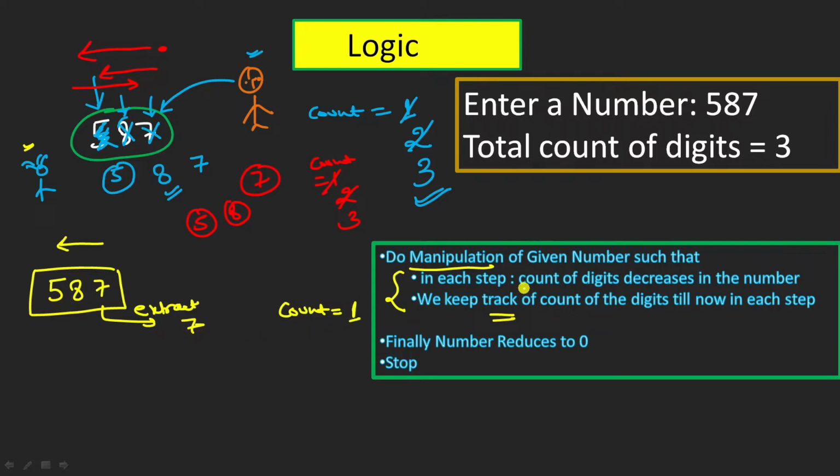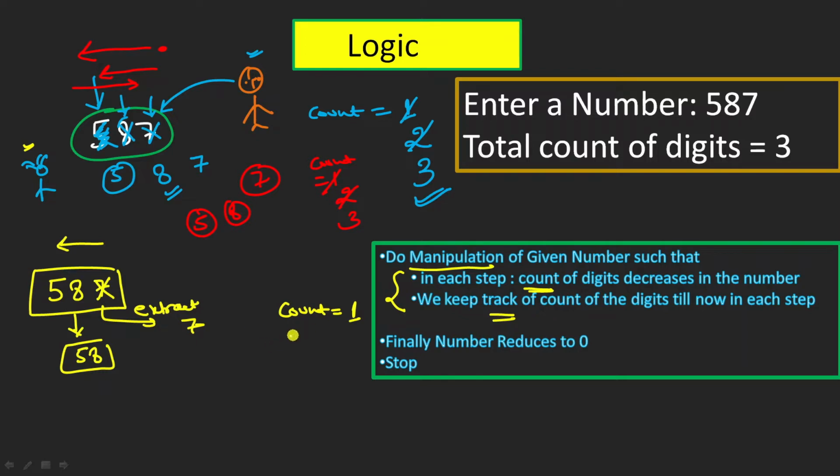And here you can see you have to decrease this number, that means you have taken this 7 out. So in programming, you have to reduce your number 587 to 58. Your number has become 58; this is your new number, you updated it.